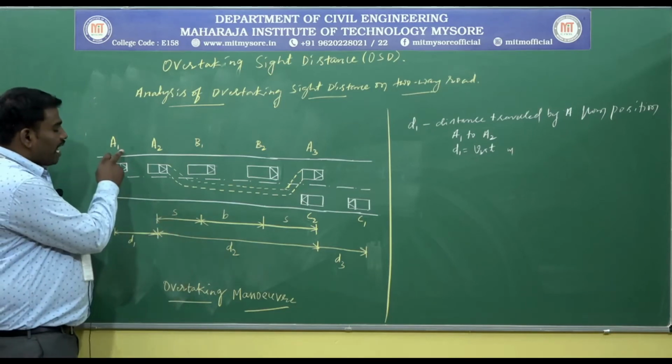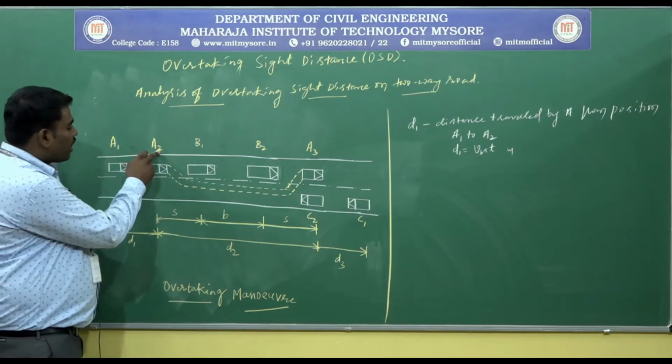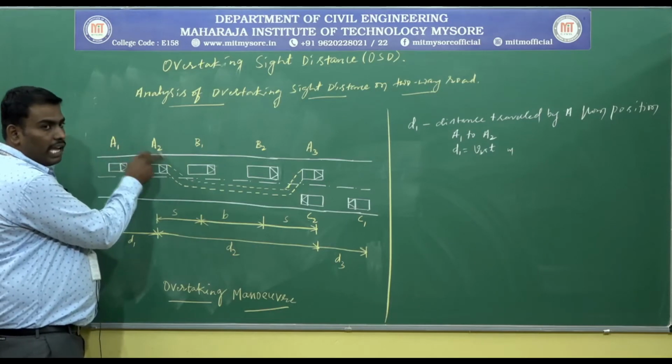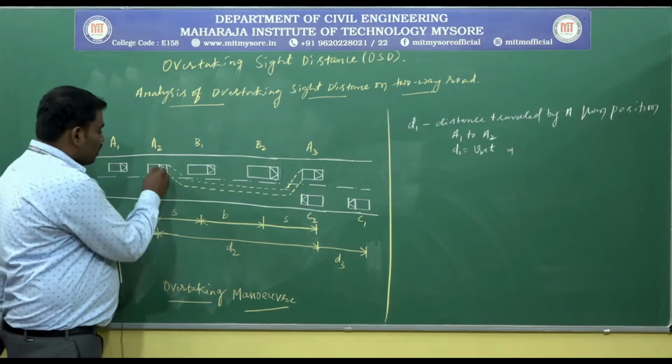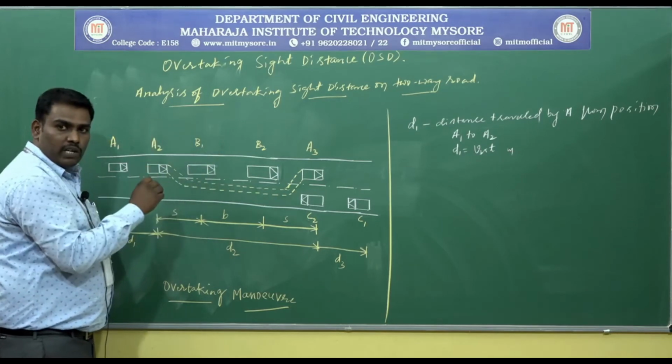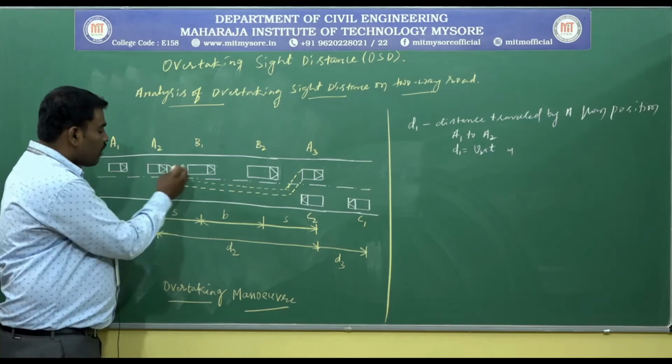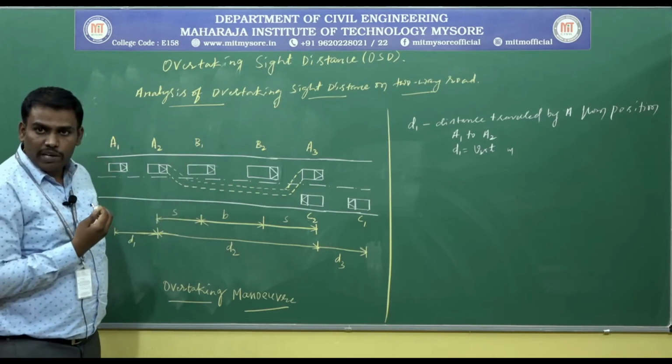When vehicle A, the overtaking vehicle, comes to position A2 from A1 during the reaction time, it is moving at Vb meters per second only, and waiting for a better opportunity.